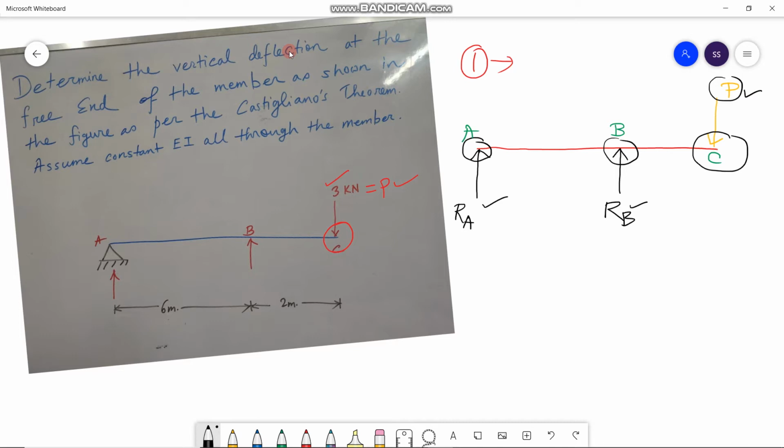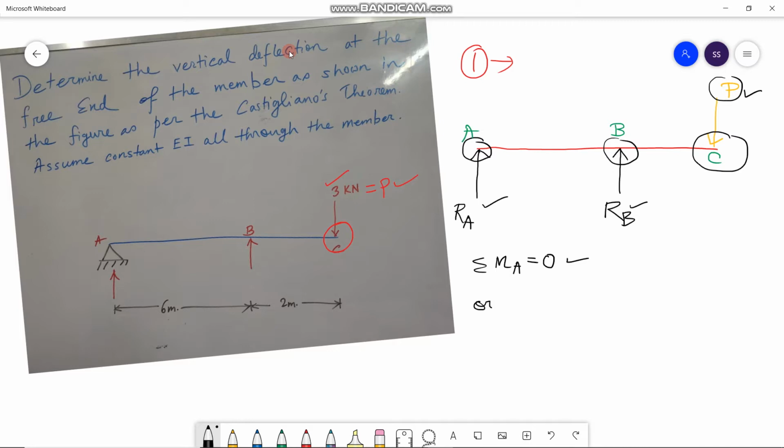So now we have to calculate RA and RB, and to do so, let us take the summation of all moments about point A equal to 0, as the support at A is the hinge support. So we have the summation of moments equal to 0.